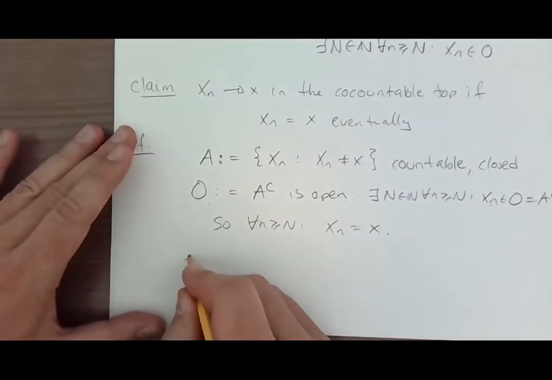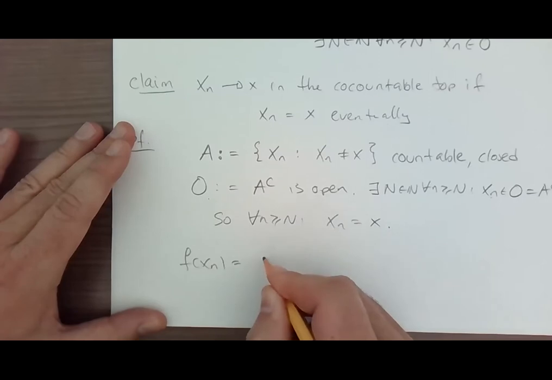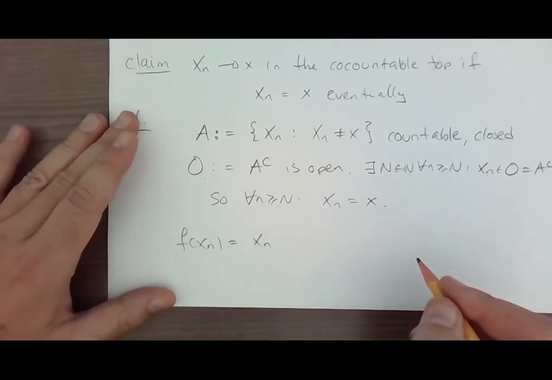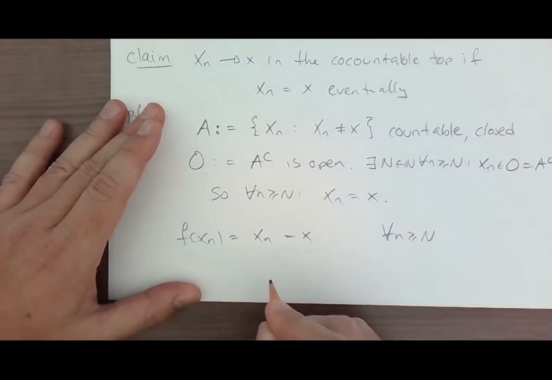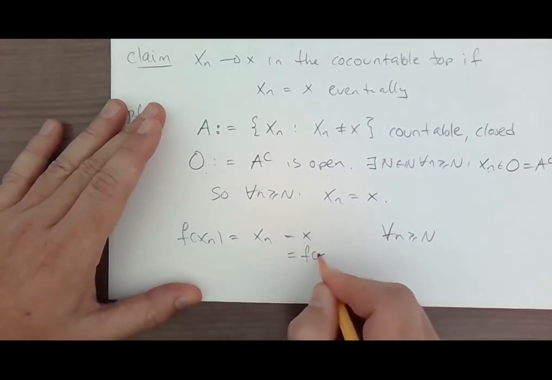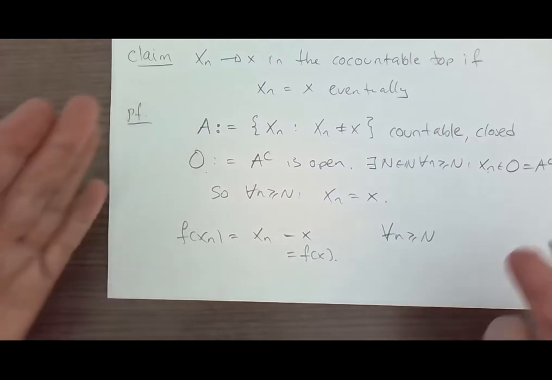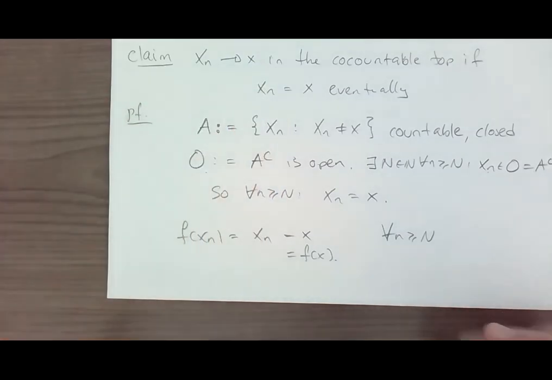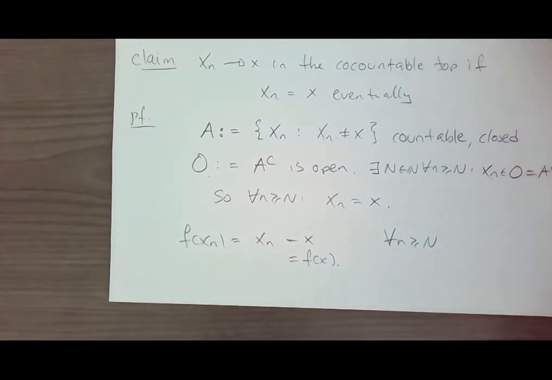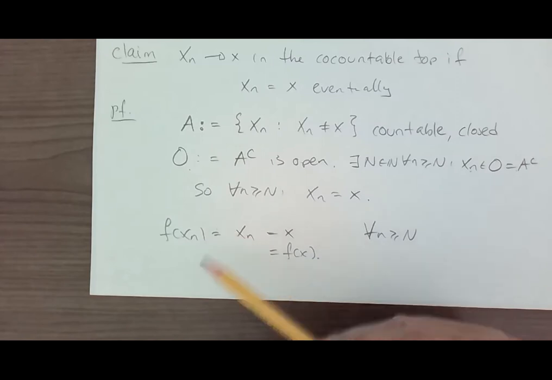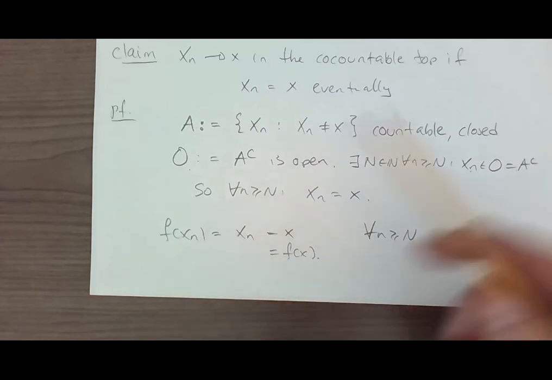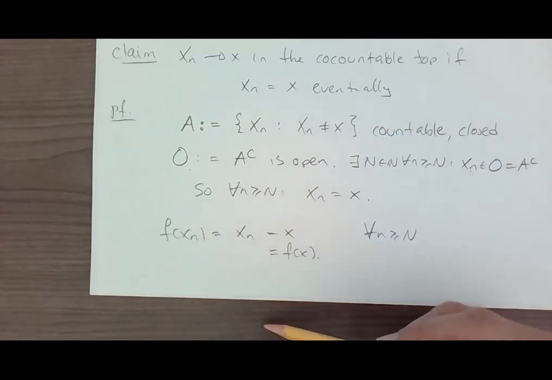And so now we have the property that if I look at f of xn, by the definition, this is xn. This is equal to x for any n sufficiently big, but this is equal to f of x. So this identity function is not continuous, but it has the property that if I just look at the function values along convergent sequences, I have the property.